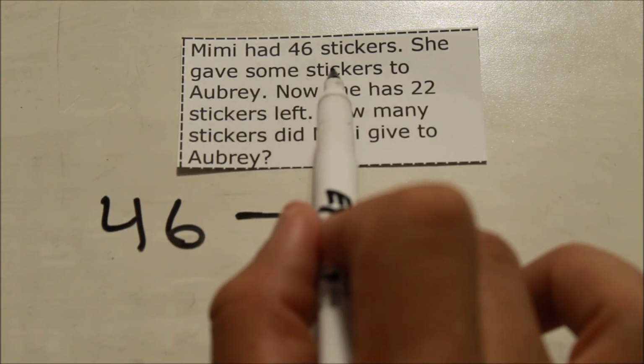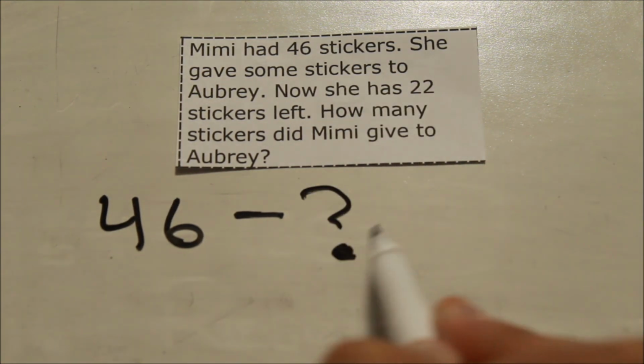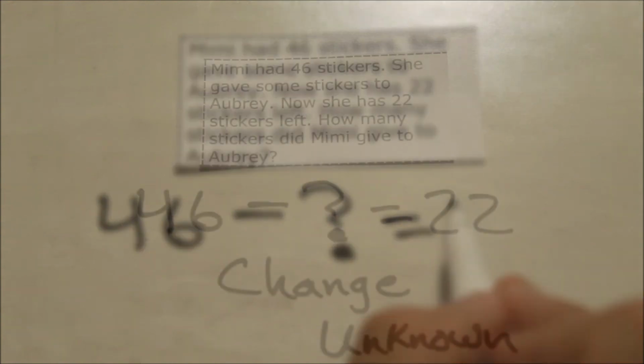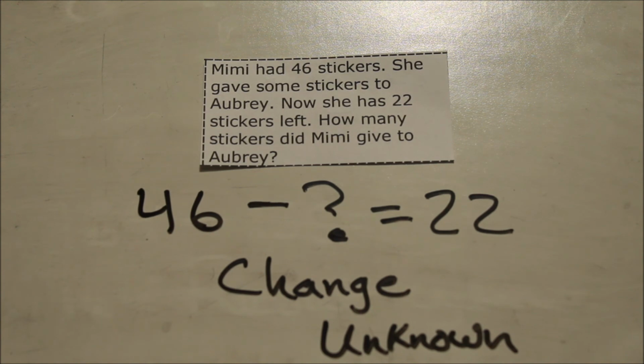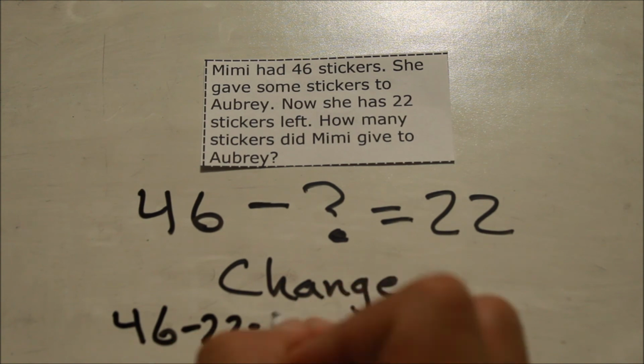She gave some stickers to Aubrey. Well, I don't know how many stickers she gave, but it says now she has 22. This is a change unknown problem. Because I don't know how many she actually gave, but I do know how much she has at the end. And again, to actually solve this, I would do the opposite, which would be 46 minus 22, and that would give me the actual answer.